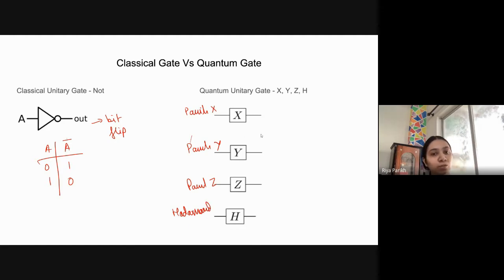Pauli X, or the X gate, causes bit flips of the qubit, or rather state flips.